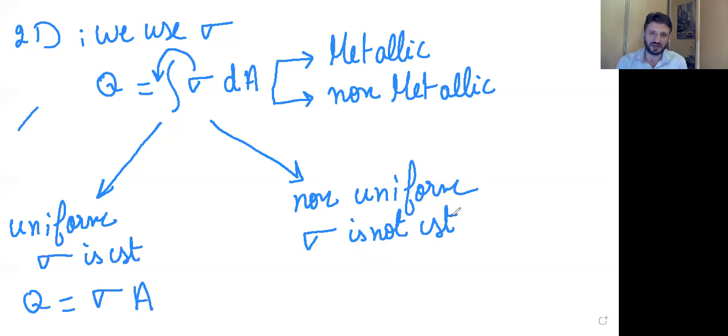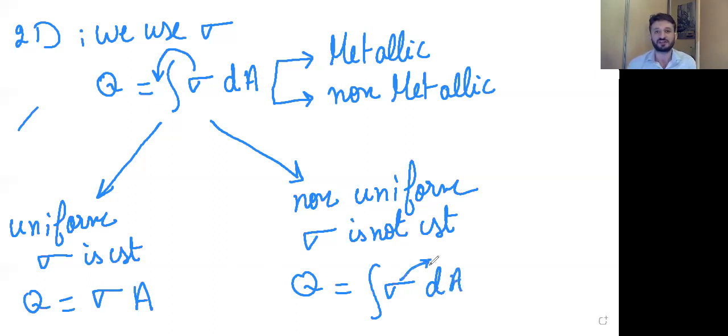So I give you some relation between sigma and the area. For each position on the area, we have a value of sigma. Okay, it will be given. So we have to use Q equals the integral of sigma dA, and I give you the value of sigma as a function of A.